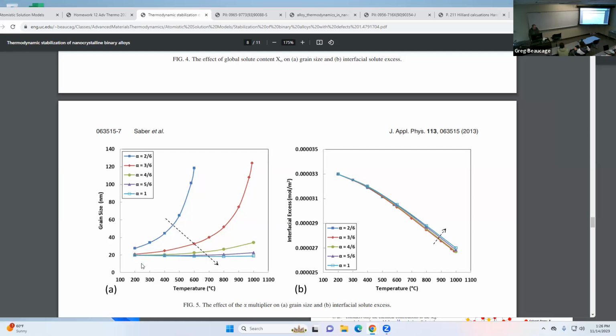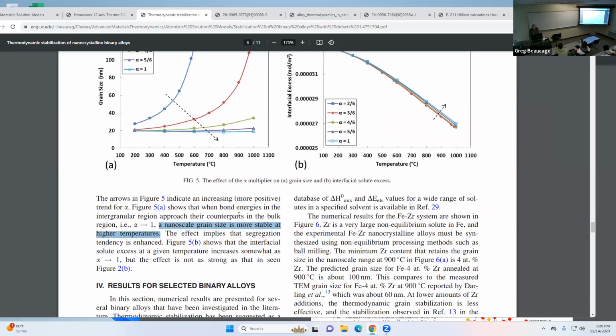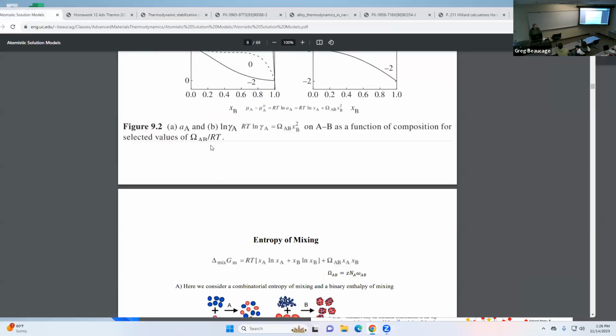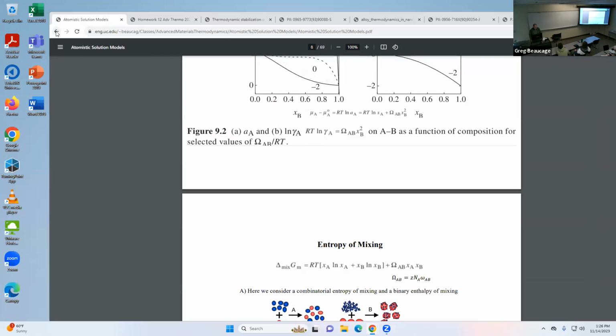When the surface energy gets smaller, you get larger grains, which by Gibbs-Thompson should go the other way, but it's hard to tell how that works. Anyway, I think a comparison of the Gibbs-Thompson equation with particle size would be useful for this. Let's see if we got that right.